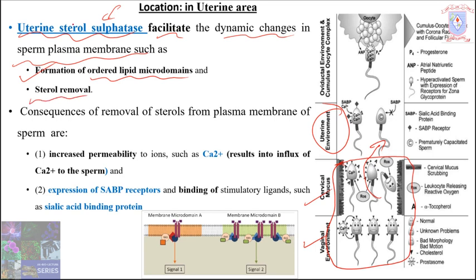That means the uterine sterol sulfatase removes sterol from the plasma membrane of the sperm and restructures its microdomains. Actually, sterol sulfatase is expressed in estrogen-targeted tissues, including the endometrial lining of the female reproductive tract, and bones and breast in females.